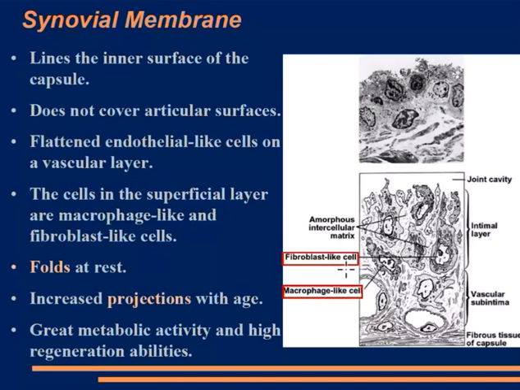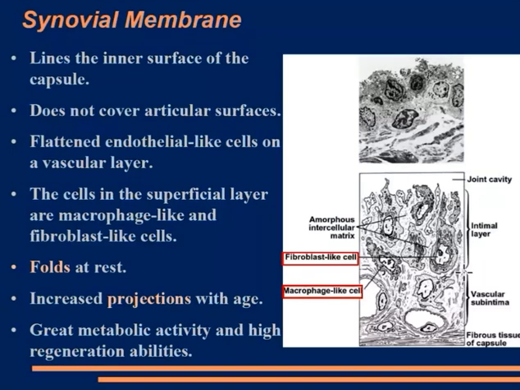The macrophages are phagocytic, okay, and we have the normal fibroblast-like cell type. The synovial membrane shows high metabolic activity, so we have high regeneration potential of this membrane. We can have some stem cells from this synovial membrane.